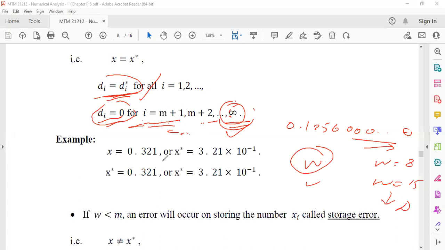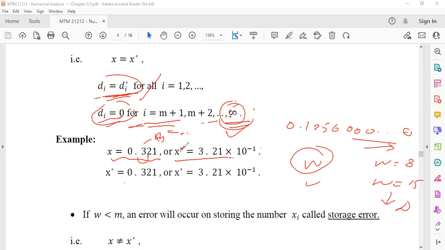So let's see the example. For example, x equals 0.321. So we have only 4 digits, and the significant figures will be 3. Therefore in floating point form you can write this as 3.21 times 10 to the power minus 1, taking the decimal point this side.